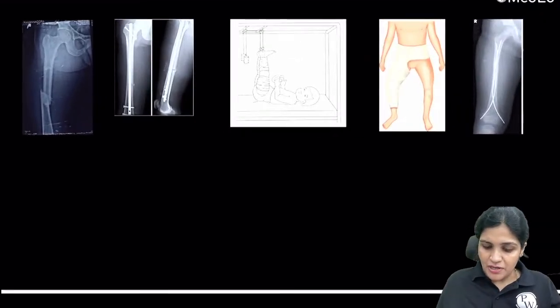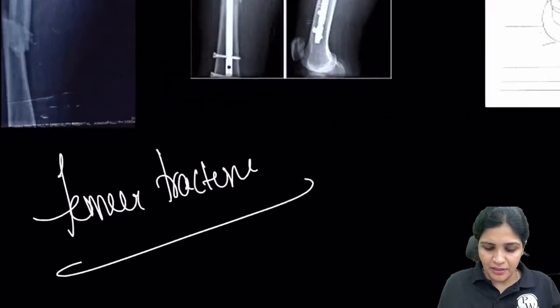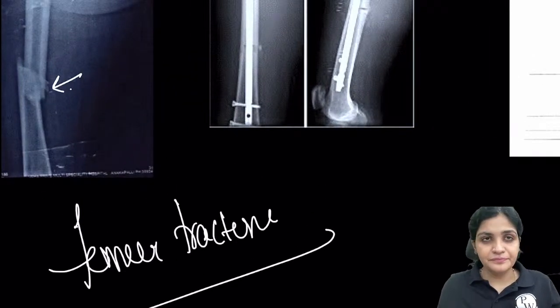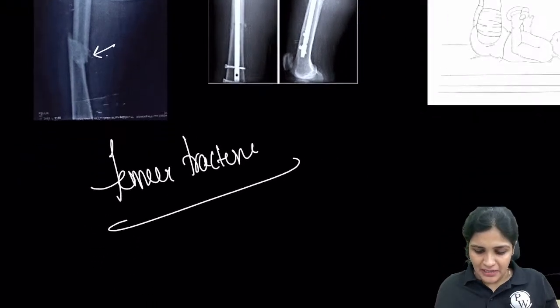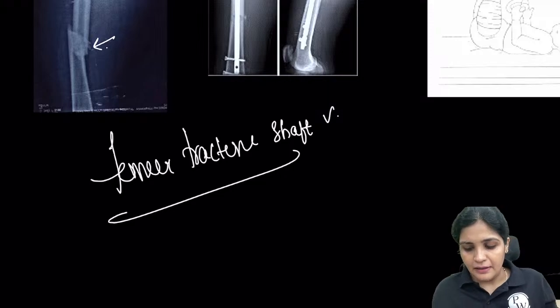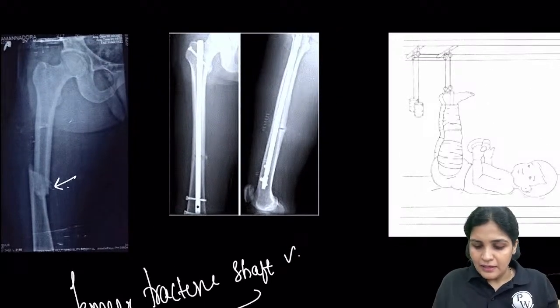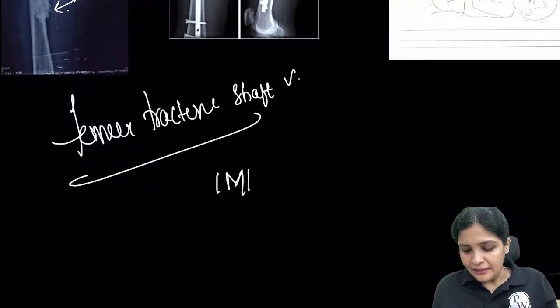So now next one, what is this? This is a femur fracture, right? You can see there is a fracture of the femur. So now what is the treatment for fractured femur? Yeah, shaft of femur. This is also nailing, but this nailing is an intramedullary interlocking nail.